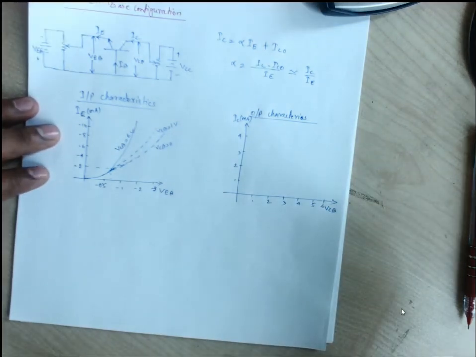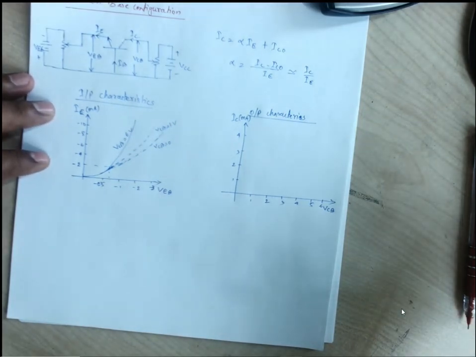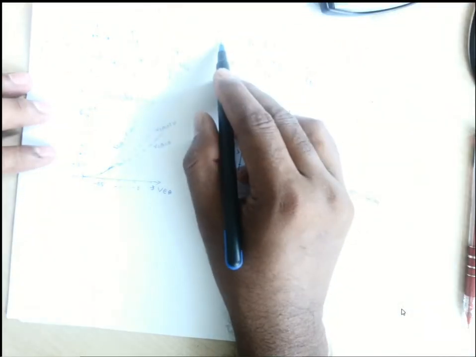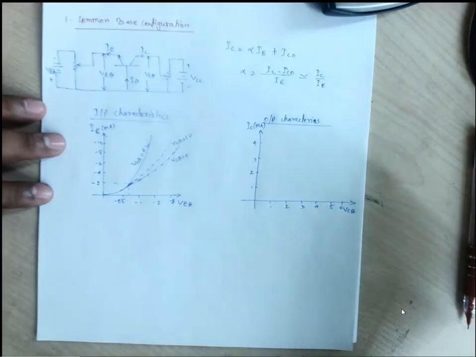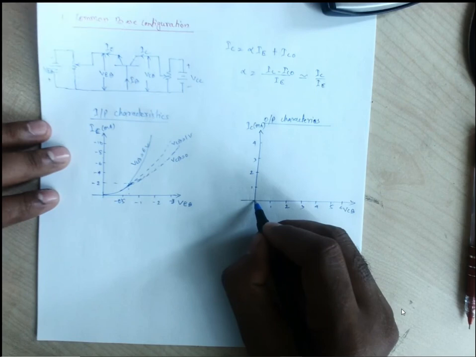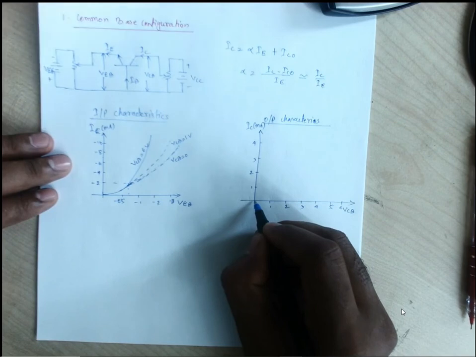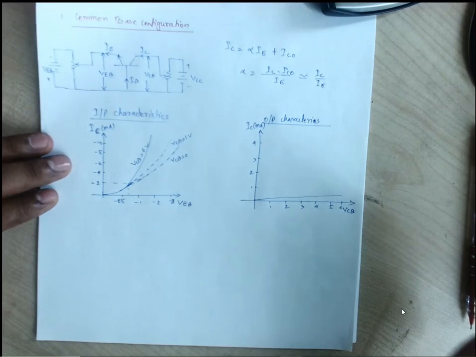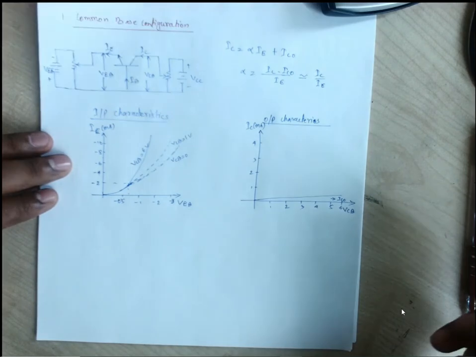Initially, let us consider when input is not given, that is IE is 0. So obviously IE 0 means IC is 0. Alpha IE is 0 means IC is also 0, but there is some current due to this ICO. This ICO is very less and it will increase with the increase of VCB. So at the origin it is 0 and it will increase with the increase of VCB. Okay, so this current is ICO or ICBO.